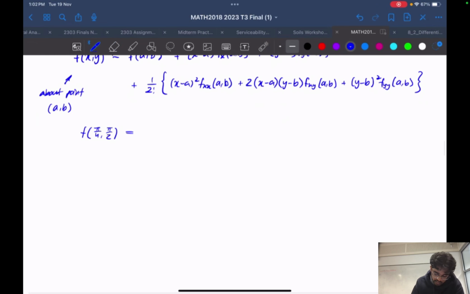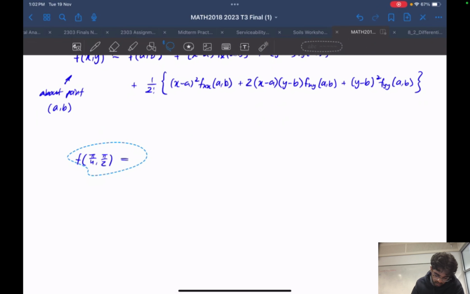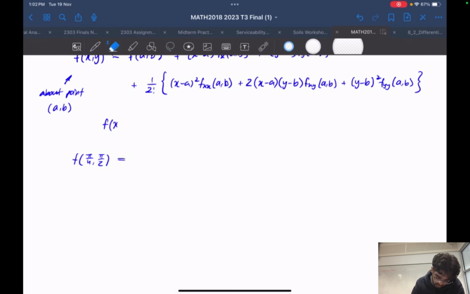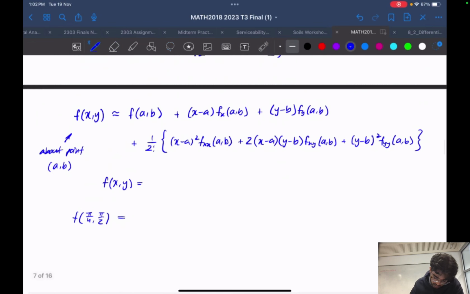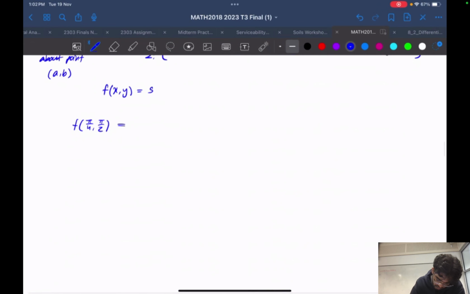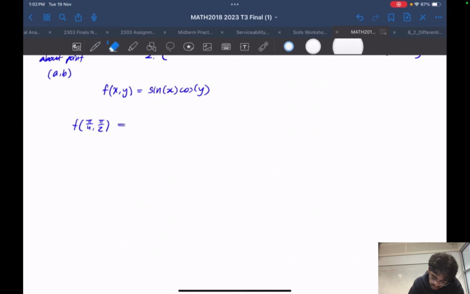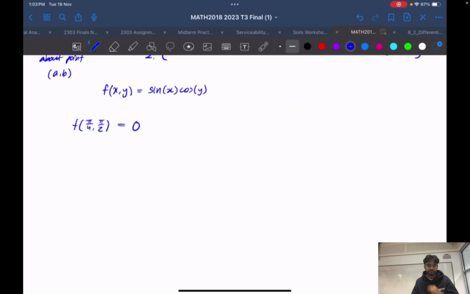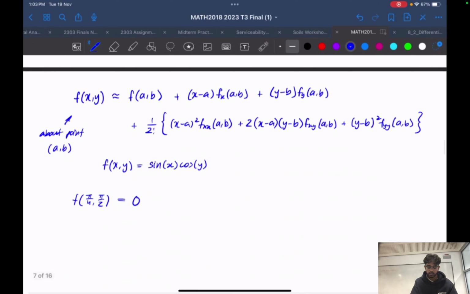I like to find what this is, because our f(x, y) is equal to sine x cos y. When we sub in y equal to pi on 2, this cos term becomes a 0, so we'll end up getting 0. Okay, so that's the very first term already done and dusted. Alright, next I'm going to find each of the derivatives.